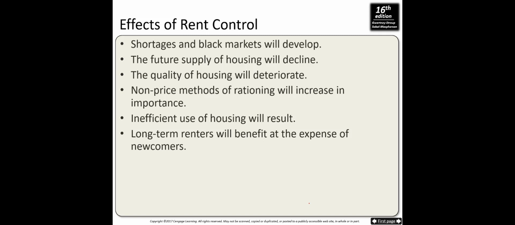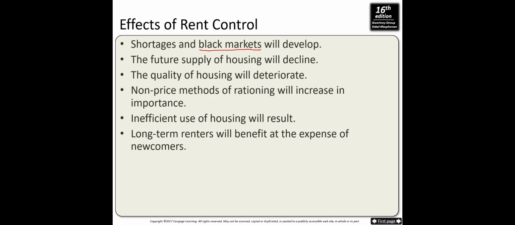At the end of the rent control, shortages and black markets will develop. These are illegal markets, right? Under the table negotiations. The future supply of housing will decline. So there's not going to be new construction, because even the developers know that the rental price of the apartment is very low. The quality of housing will deteriorate.